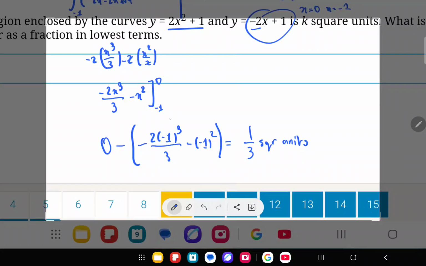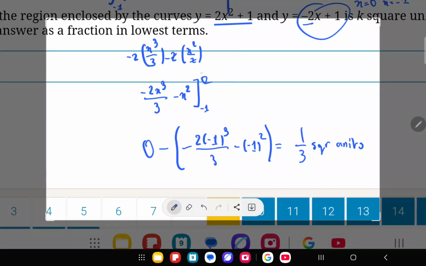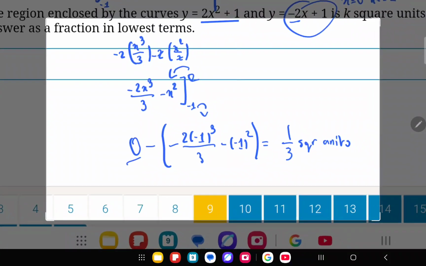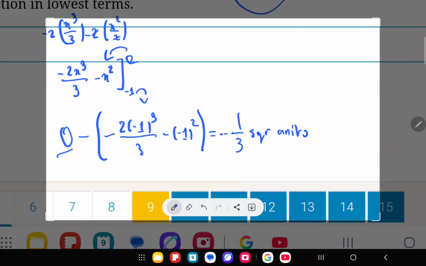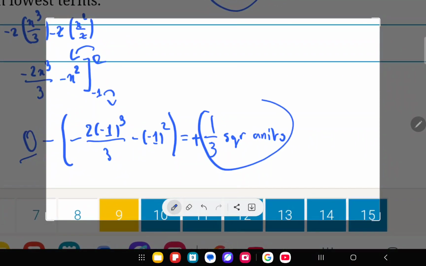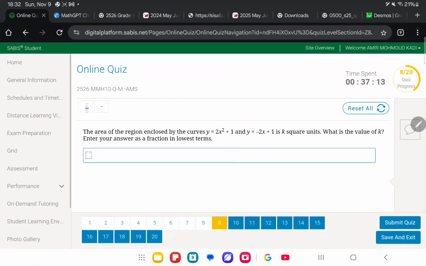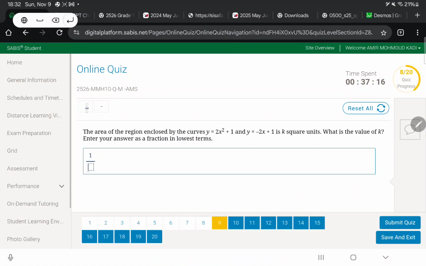Once everything's simplified, you put 0 into x, and then you get 0, of course. You put minus 1 in here, and then in total you get minus minus 1 over 3, which is basically just positive 1 over 3. So this is your answer here, 1 over 3 square units.